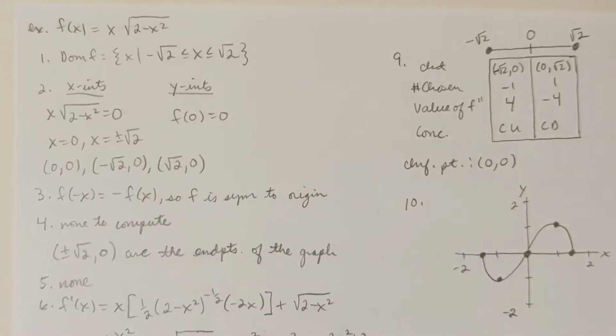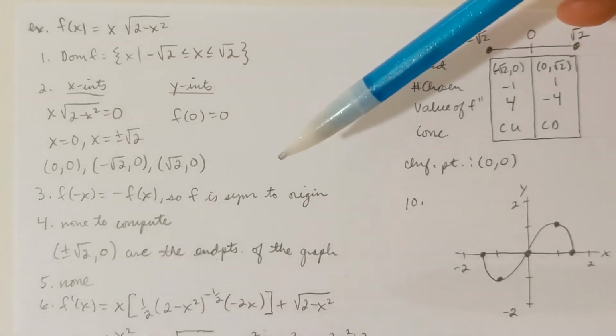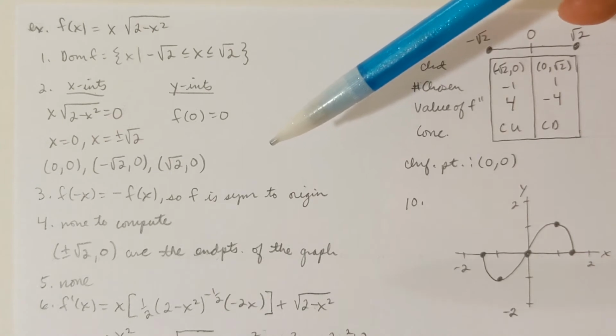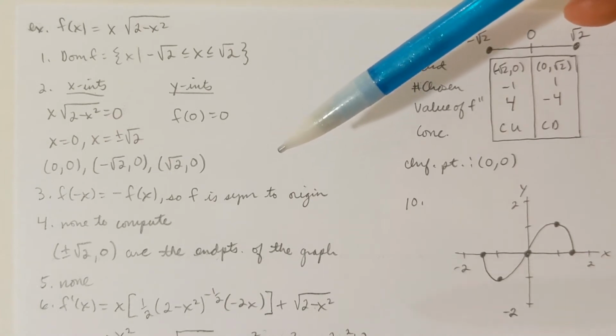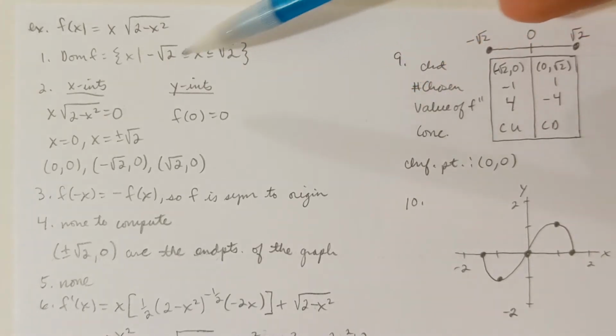Okay, now in the function, we didn't have any division by 0 going on, right? So we haven't thrown away any numbers that would create vertical asymptotes on the graph. And if you have infinite limits, you're going to have asymptotes at those spots. We don't have that here. Okay, and now also, there wouldn't be any limits at infinity to compute since x is ranging from negative root 2 to positive root 2.